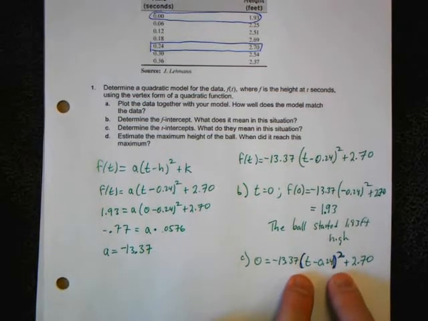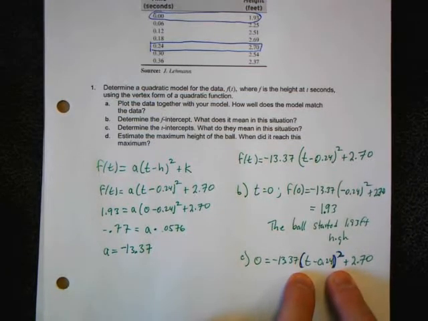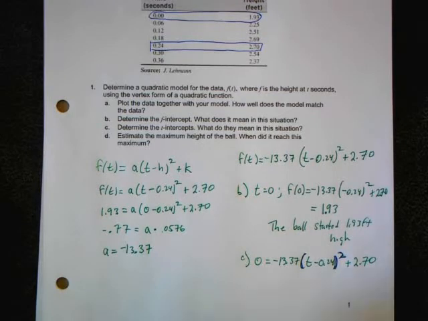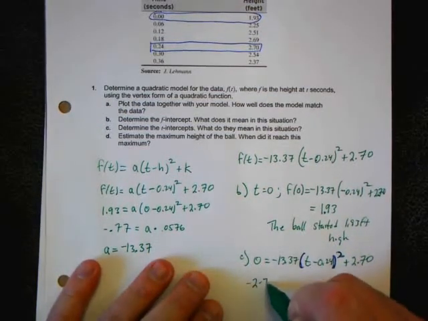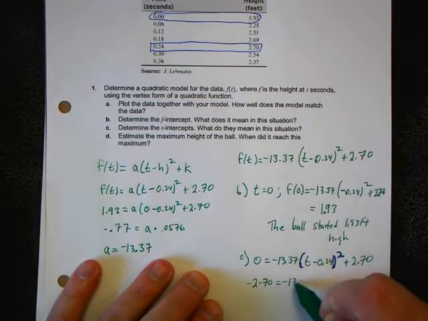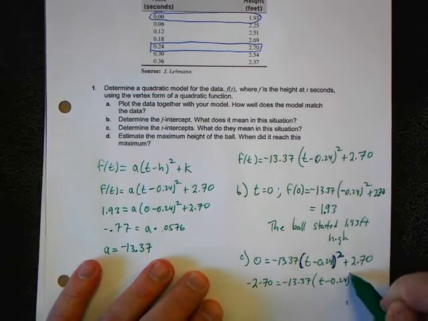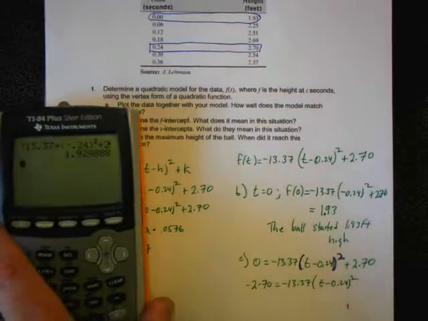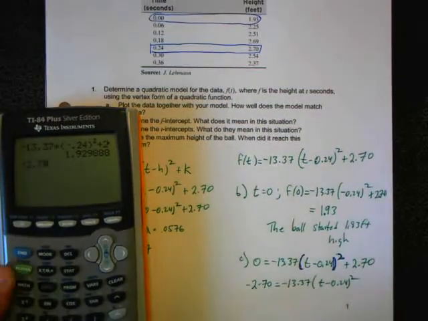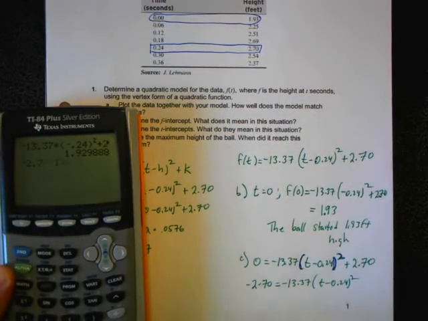So to solve this equation, I think the best way is to use the square root method. And that's exactly what people were telling me to do. So I would subtract the 2.70. And then divide. So I'm going to take negative 2.7 and divide by negative 13.37.